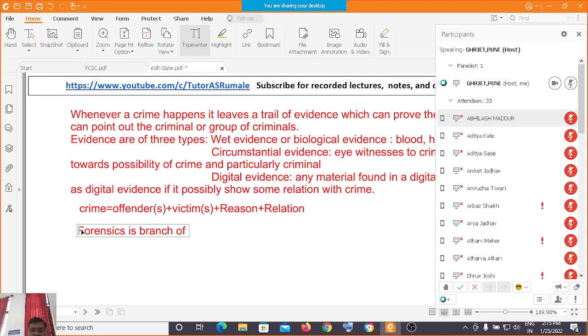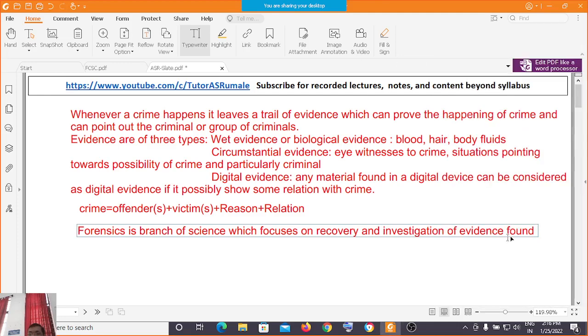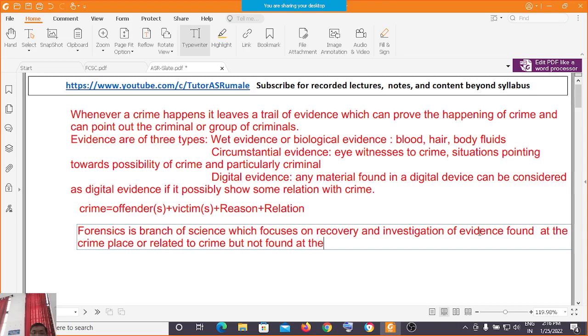Forensics is a branch of science which focuses on recovery and investigation of evidence found at the crime place, or evidence related to the crime but not found at the crime place.